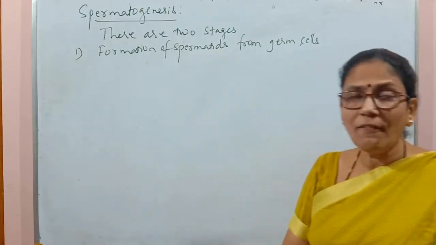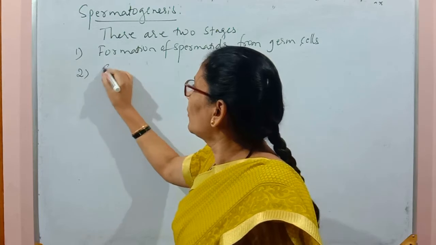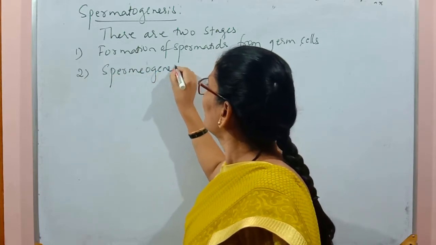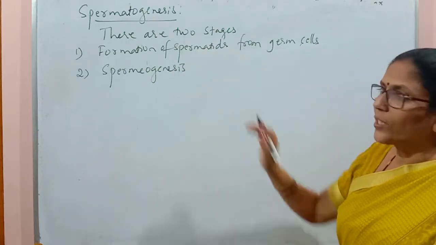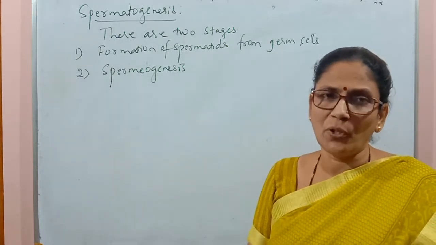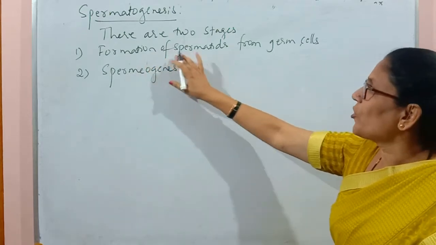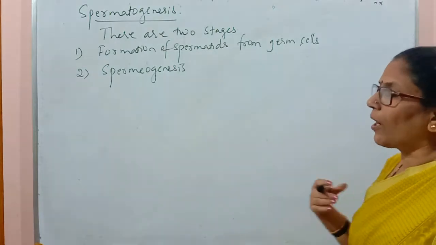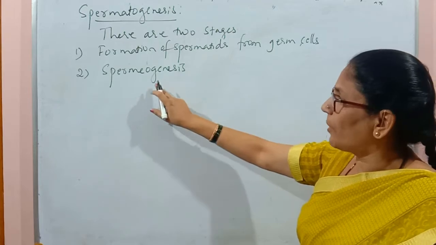The second stage we call spermiogenesis. More than 50% of the spermatogenesis process takes place in the first step, the formation of spermatids from the germ cells, and the remaining part of the formation of functional sperm takes place during spermiogenesis.